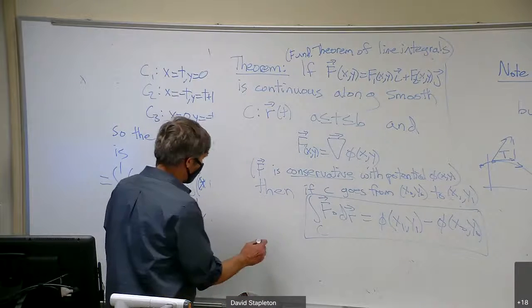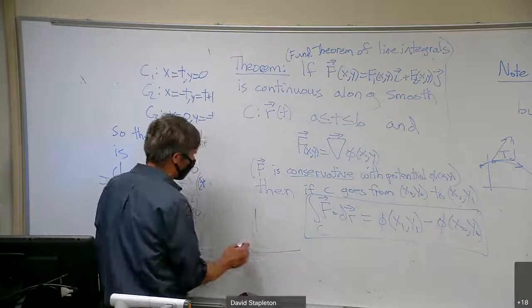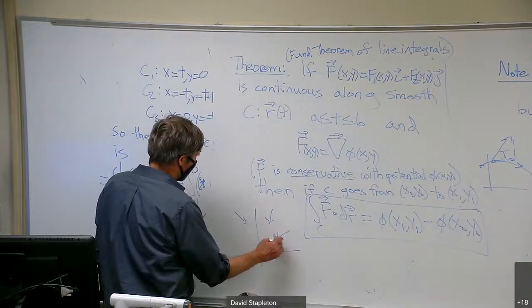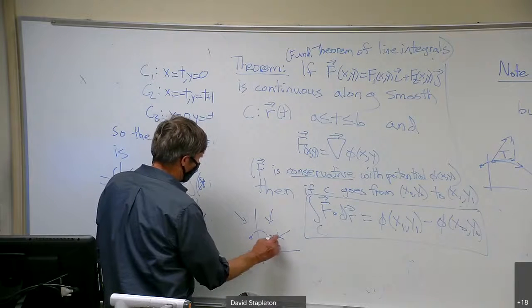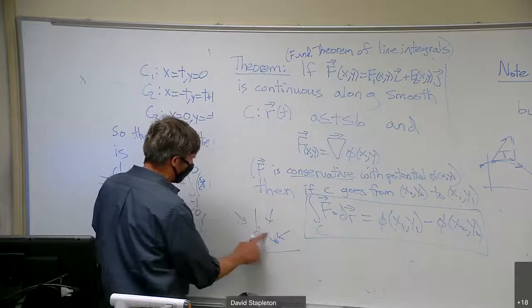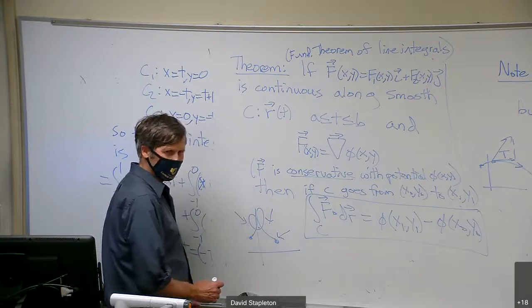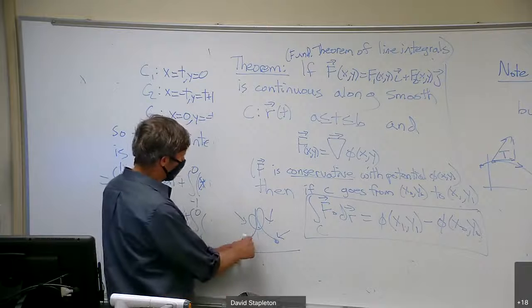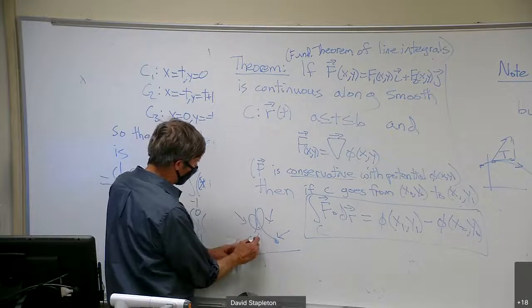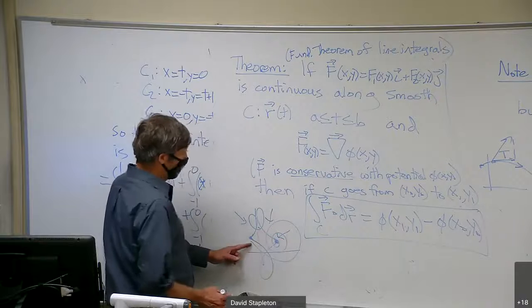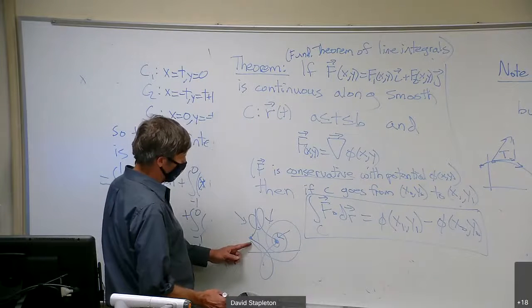And that means something very interesting. Suppose I'm in a conservative field like gravity or an electric field. I move from point A to point B, and I want to know how much work is done along the path, and it's really complicated. I can find a potential. It doesn't matter which path I take, if I go like that, or spiral in here, the value of the line integral is the same.